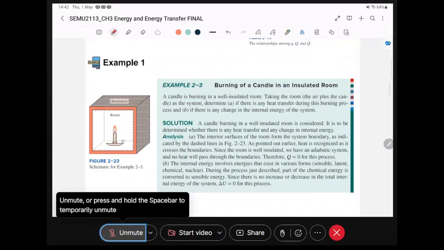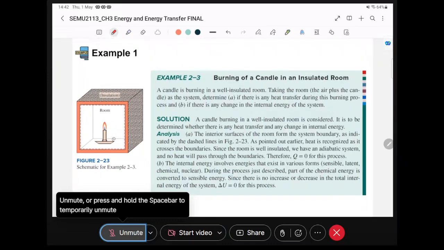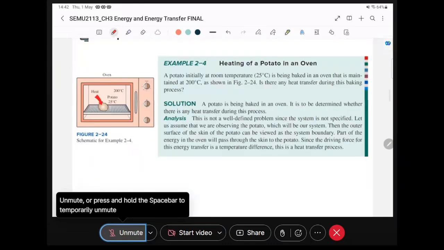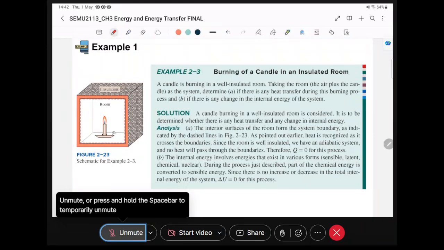Okay, right then. So let's look at a few examples quickly. All these examples are explanatory. It's a subjective question, not a calculation. So it's a burning of a candle in an insulated room. We have a room fully insulated on the sides, which means there is no Q involved.